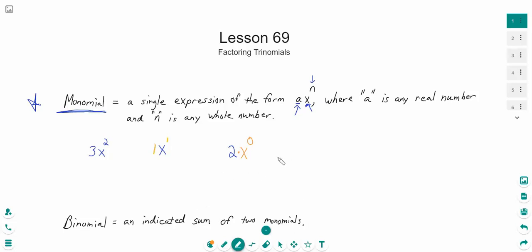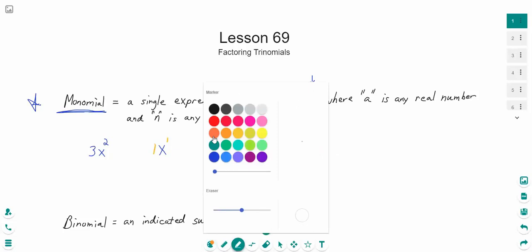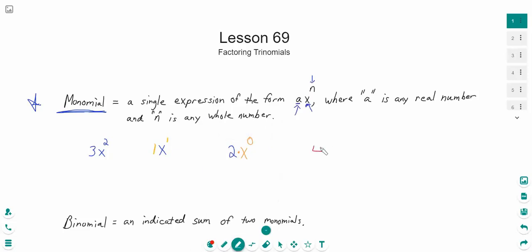Let's give you maybe a couple of thoughts here on what might not be a monomial. So would this be a monomial? Let's say 4. Actually, we'll write this in a different color to show that these don't work. We'll go red. 4 times, let's say, x to the 1/3 power. Would this be considered a monomial? Well, it is not a monomial. And why not?